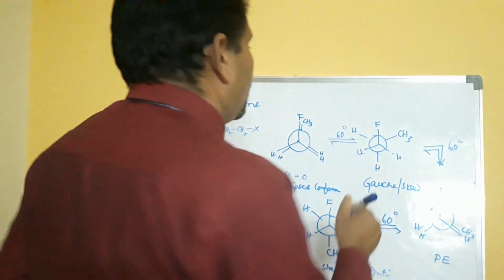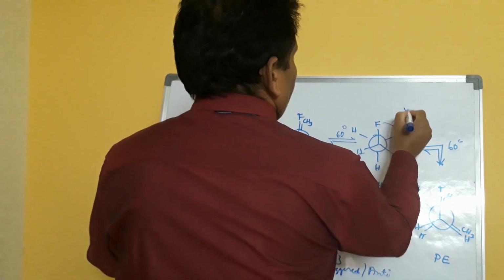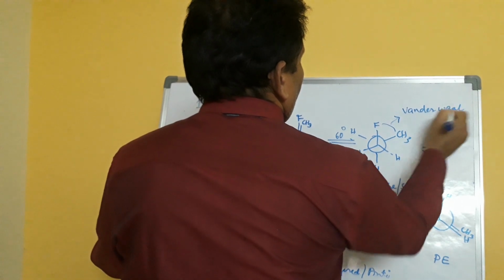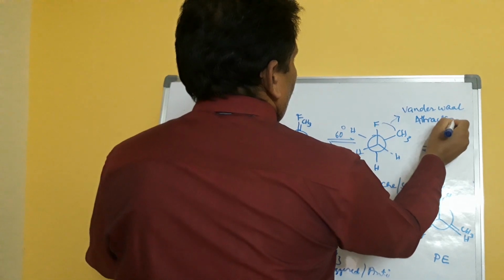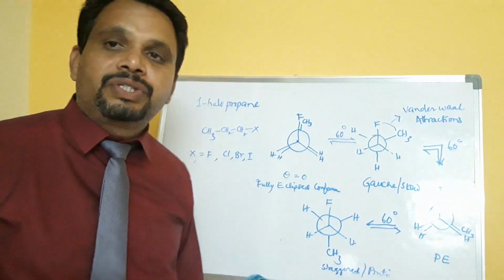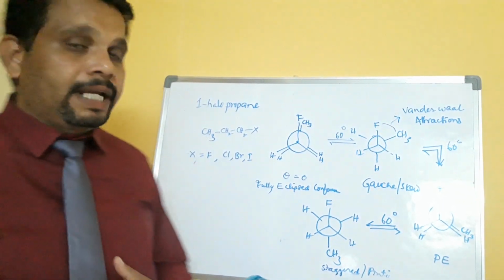So here, van der Waals attractions are possible between fluorine and the CH3 group. So what is van der Waals attraction?